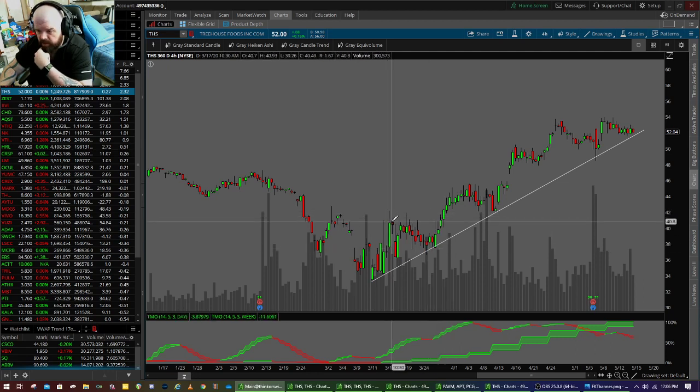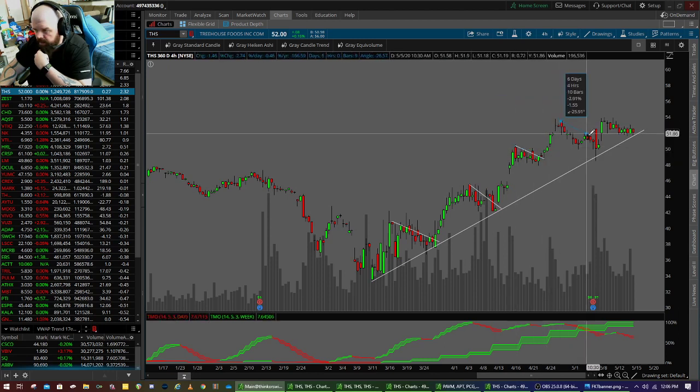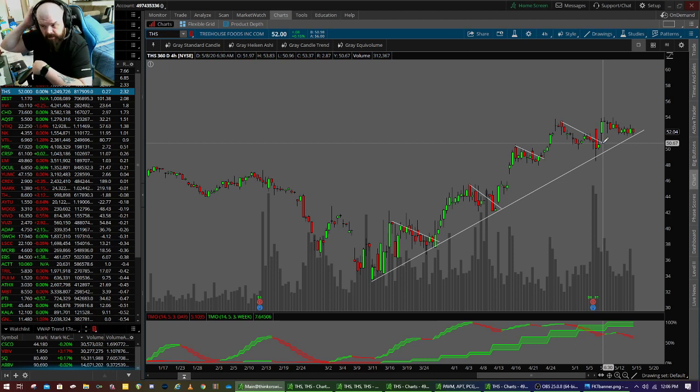Okay, so I'm just going to do from candle body top to candle body top, and so on. I mean, at some point, this is going to pop off the page at you, and it's going to hit you that, hey, this is pretty good.